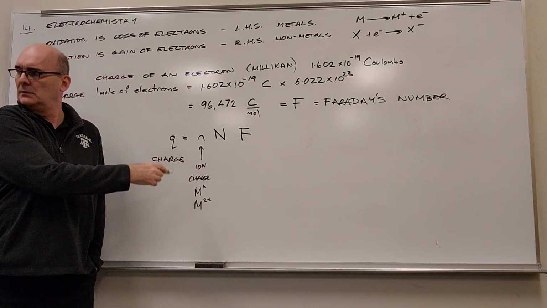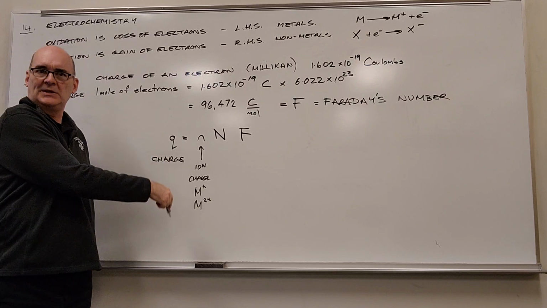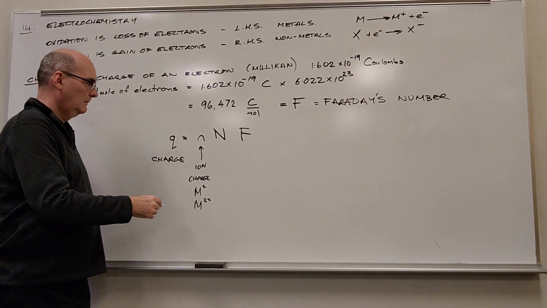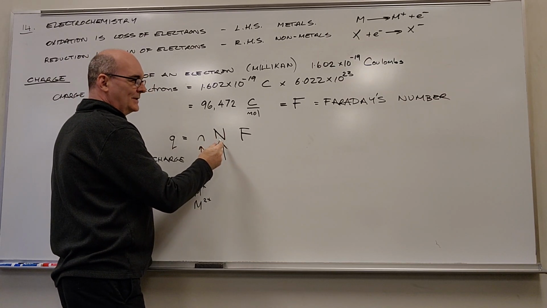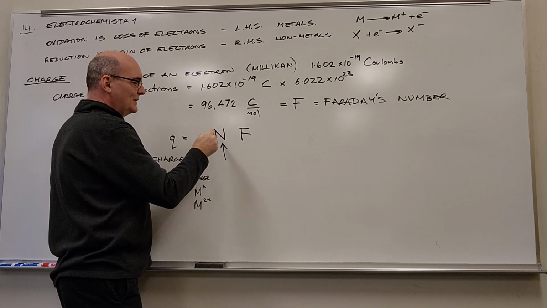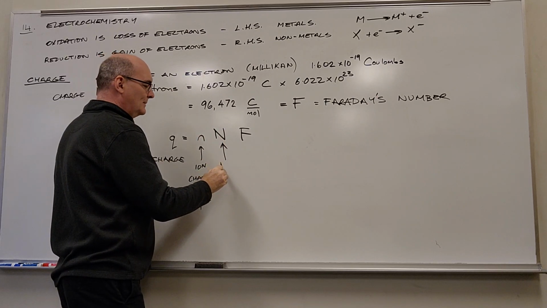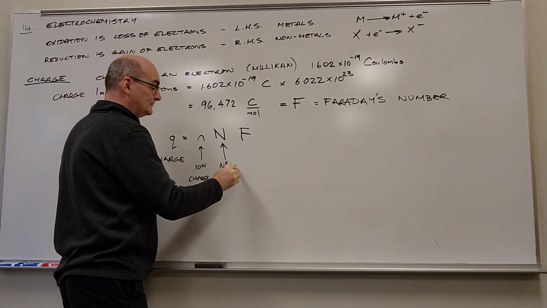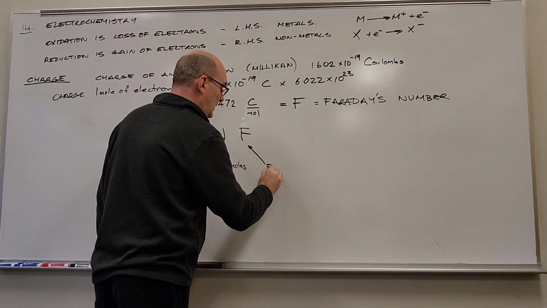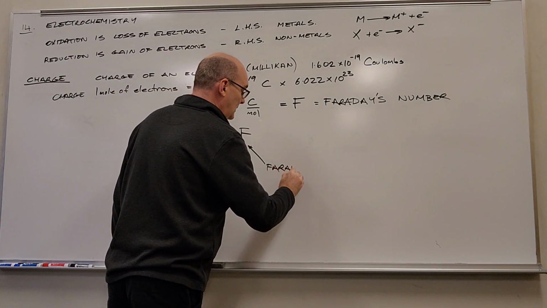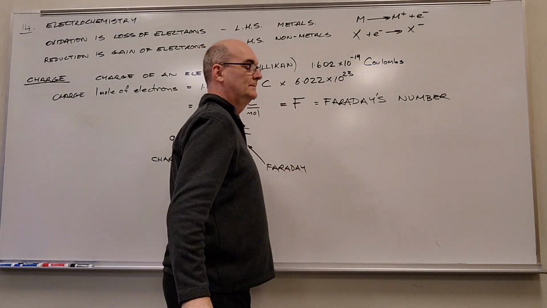Are you a 1 or a 2? So this is an integer. N, uppercase N in this particular equation, if this is normally a lowercase n, it's the number of moles. And there goes our Faraday constant right here.